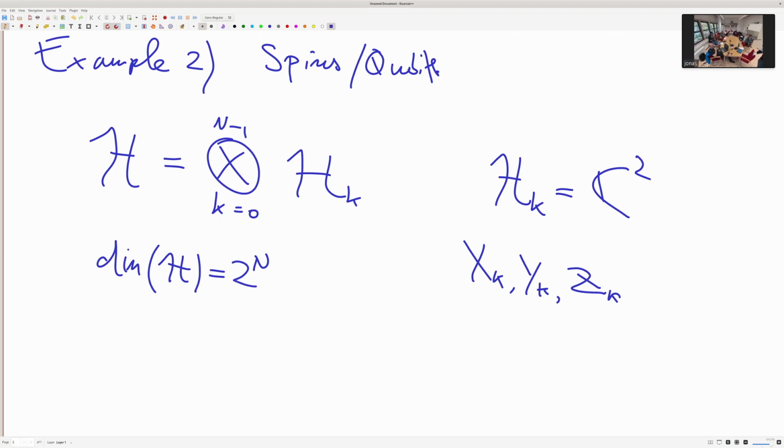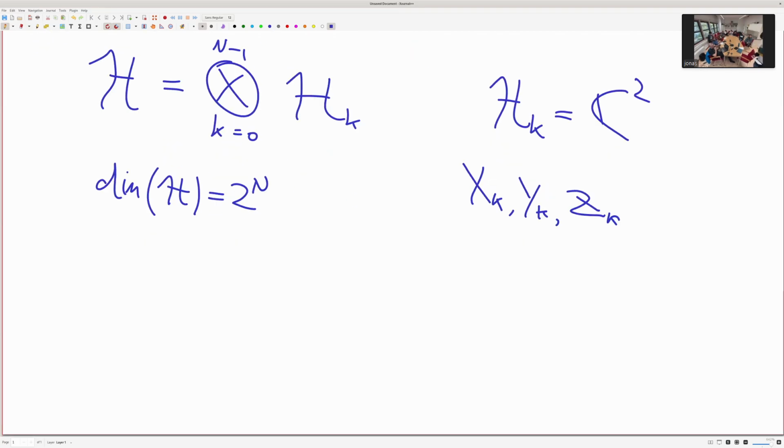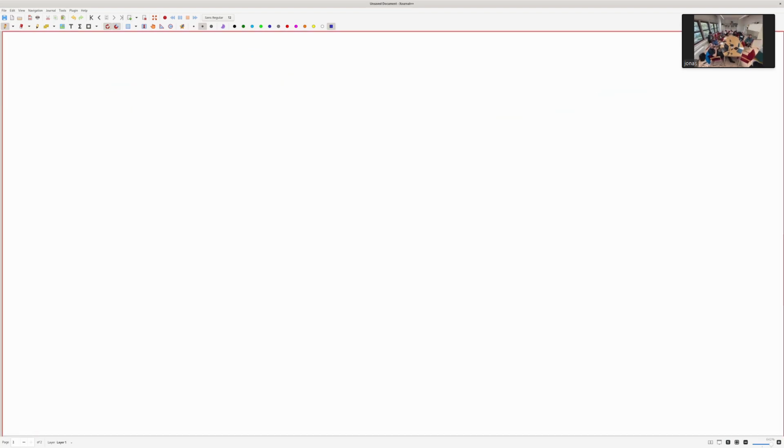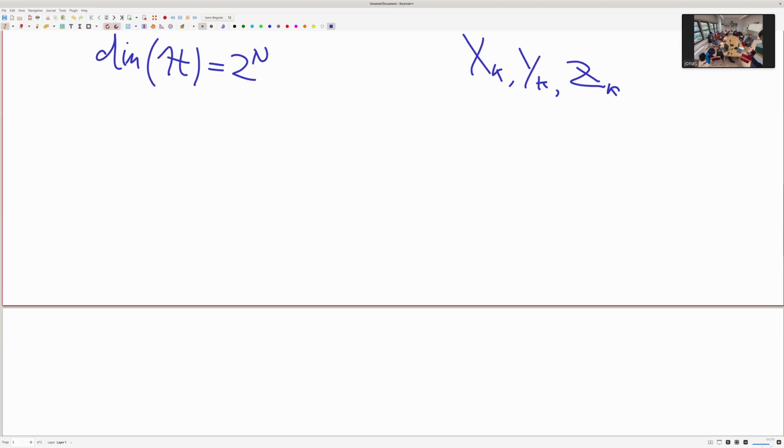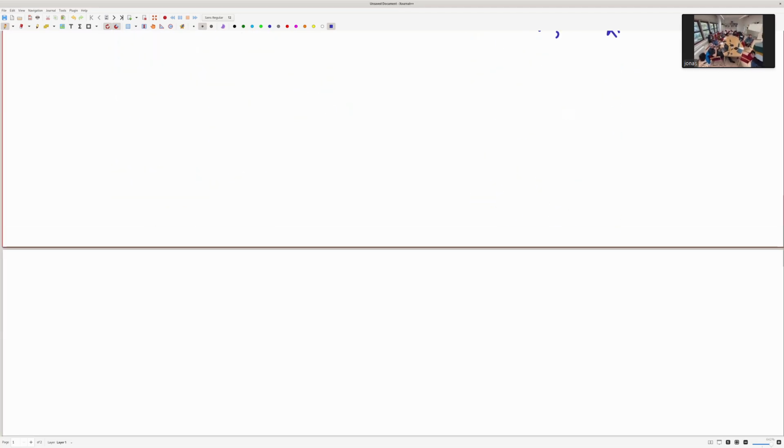So it should be possible to define some operators gamma in this Hilbert space which satisfy the right commutation relations. And this is indeed possible, and it's not actually so hard to find them. It's actually pretty easy to define them, and indeed one can define them in the following way.